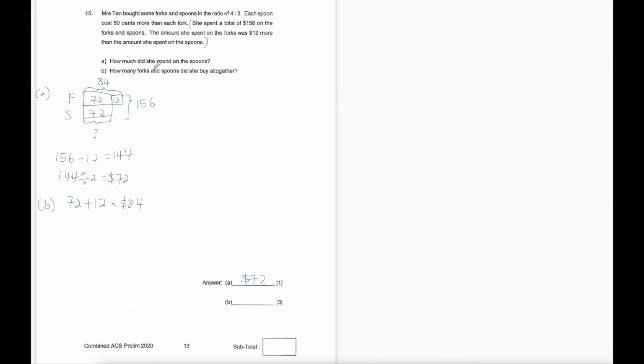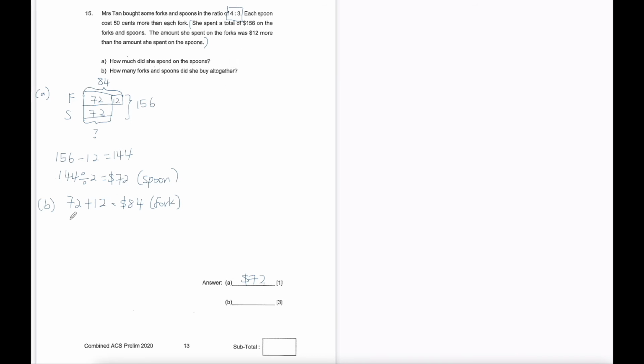And how many forks and spoons did she buy altogether? So now I know that the price of spoon is $72 and the price of fork is $84. And now we can use the ratio. They told us that she bought some forks and spoons in the ratio of 4:3, right?